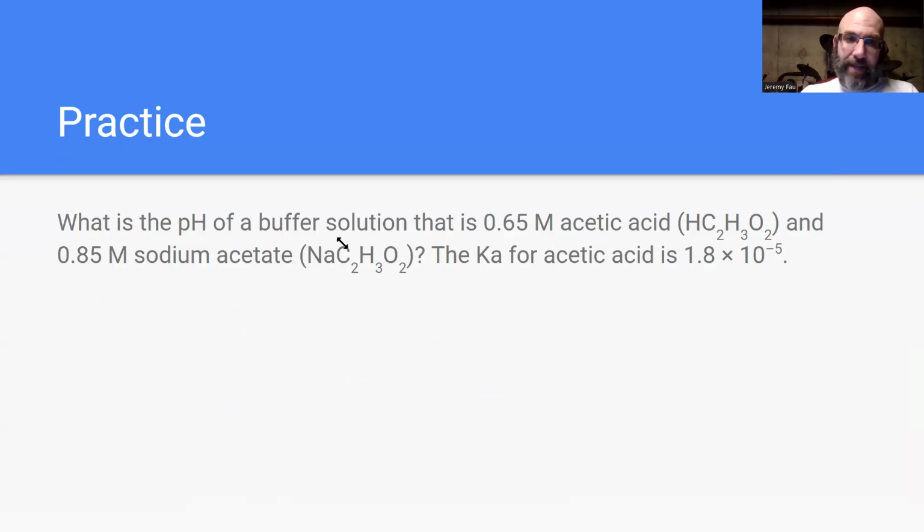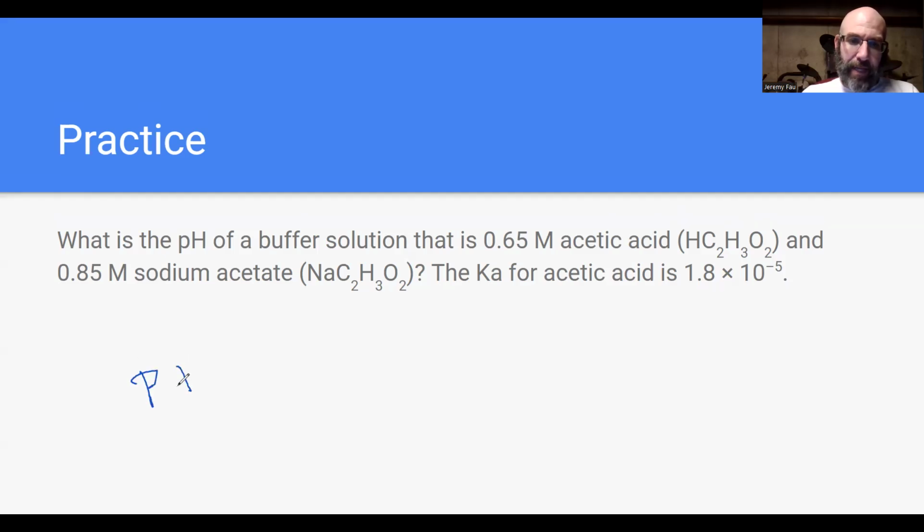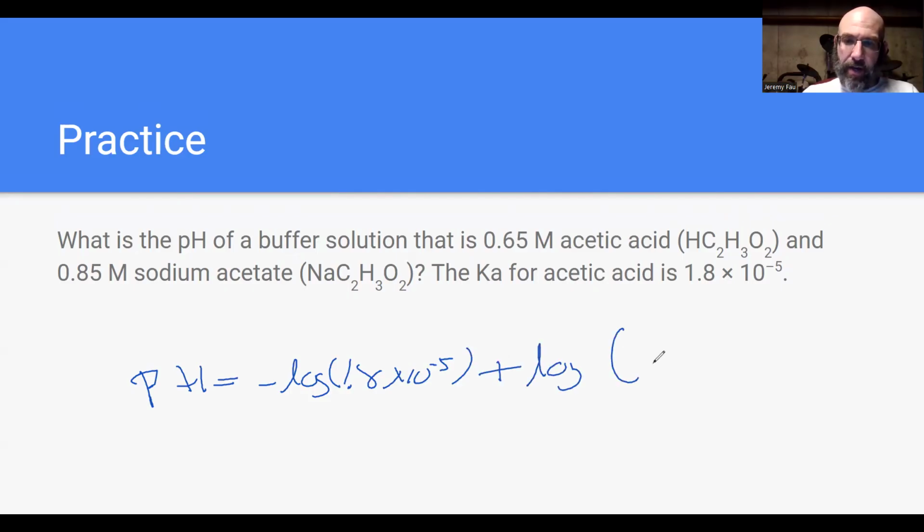This is really basic, just plug and chug. I don't really think you're ever going to have to do one of these, but you would just plug it in. pH equals pKa, so that's the negative log of 1.8 times 10 to the negative fifth, plus the log of HA over A minus, or sorry, A minus over HA. Well, A minus is that, and that's the bottom.